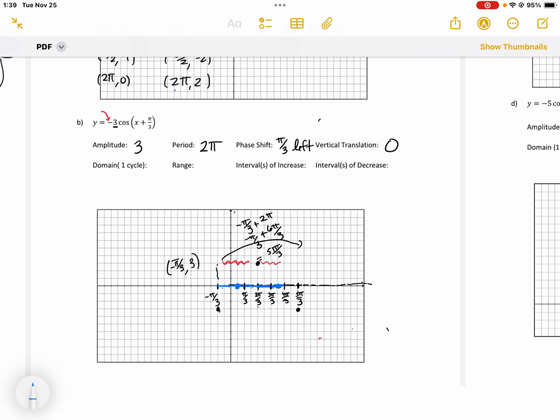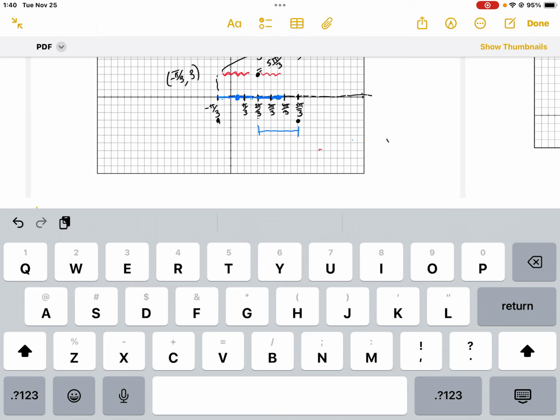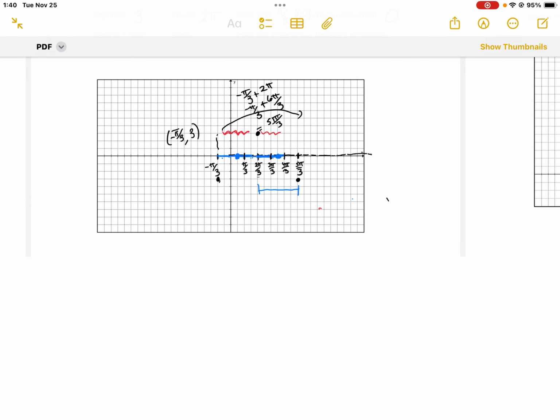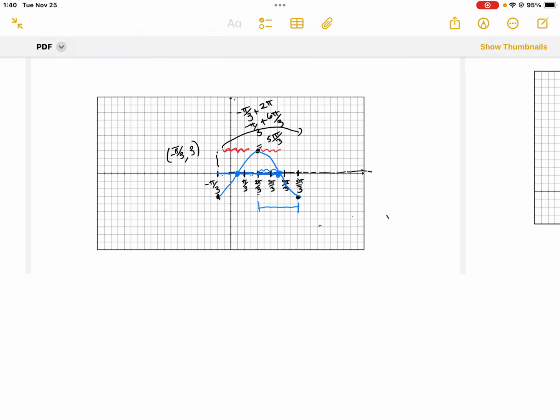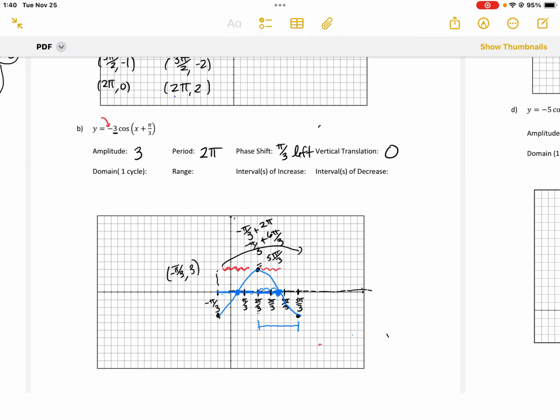And the second one is going to be, so I've got 3 squares. I've got 6 squares in between here and here. So my next point is going to be 3 squares there. So I've got 1, 2, 3, which is right where I had it drawn in the first place. Now, when I connect those dots, my graph is going to look symmetric, shifted, and stretched.